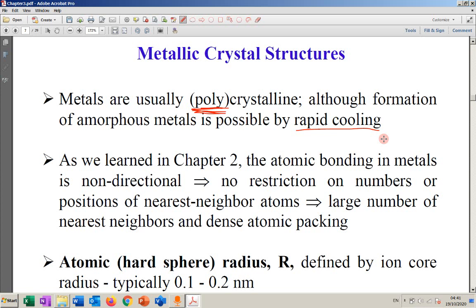That's why if you want to get an amorphous metal, normally we'll go for rapid cooling. We're not going to let the material cool down over a long period of time, because we want it to be non-crystalline, so we cool the material fast. This is one technique that is used to create an amorphous material.